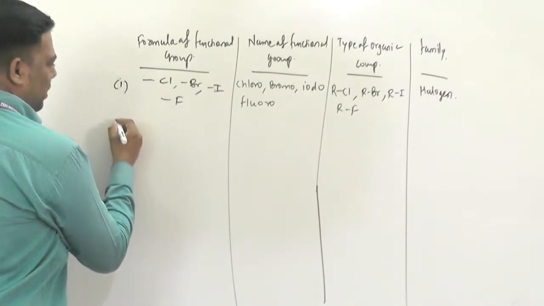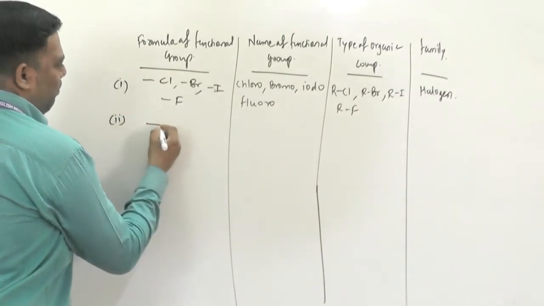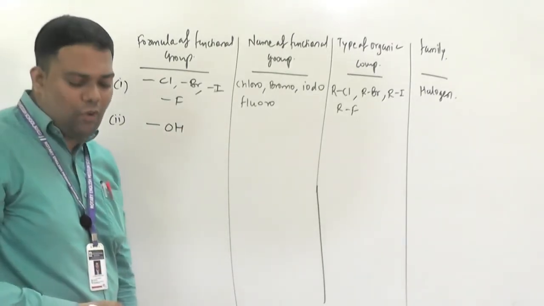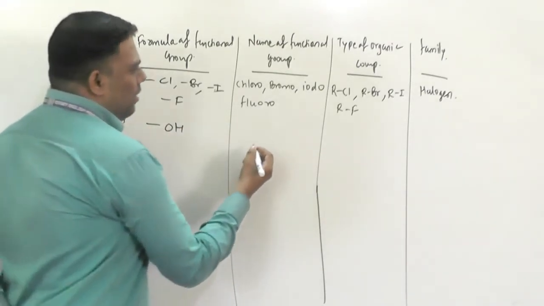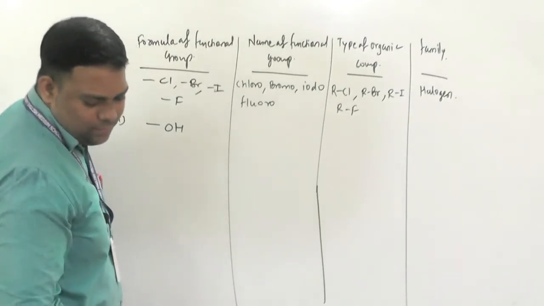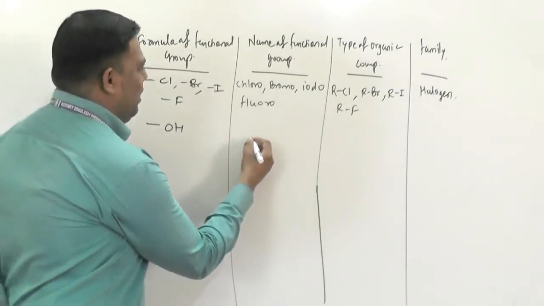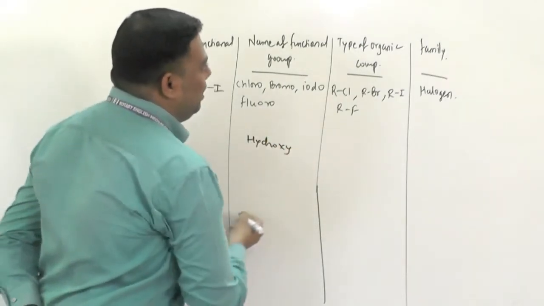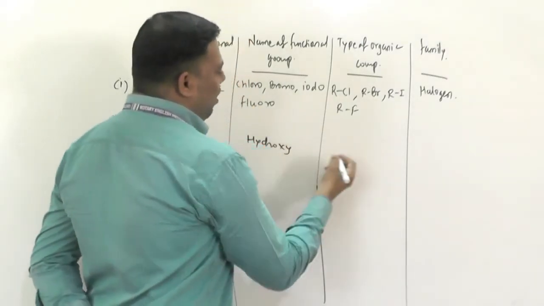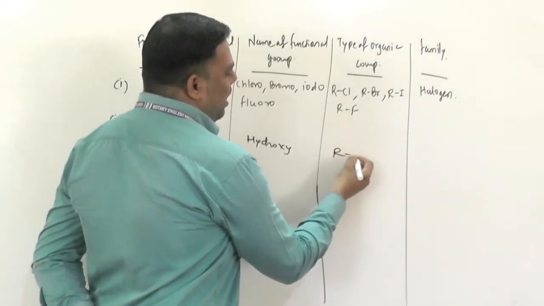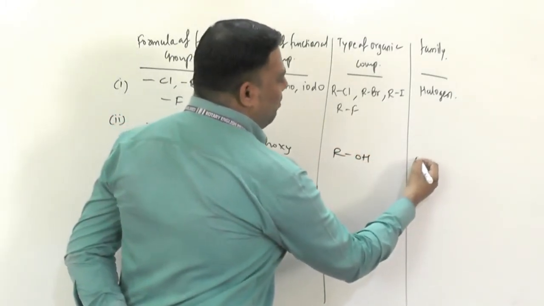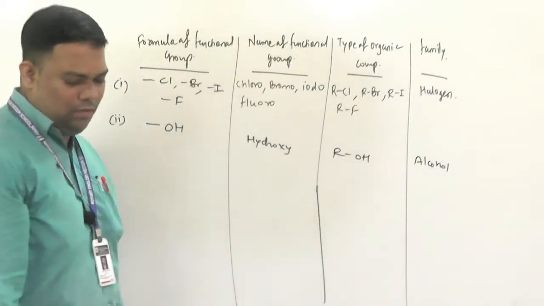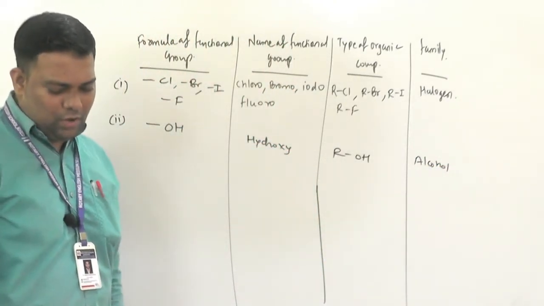Second, the bond OH. Here the name of the functional group we call hydroxy. Type of organic compound is ROH, and the family is alcohol.